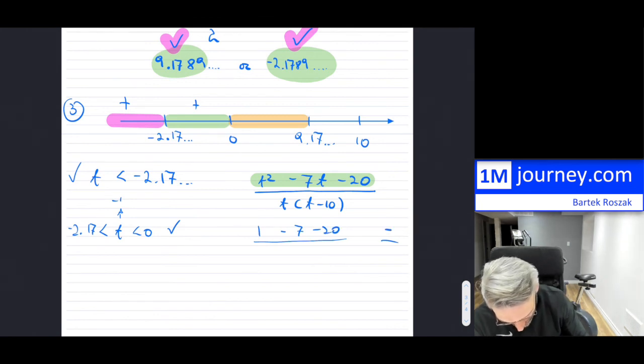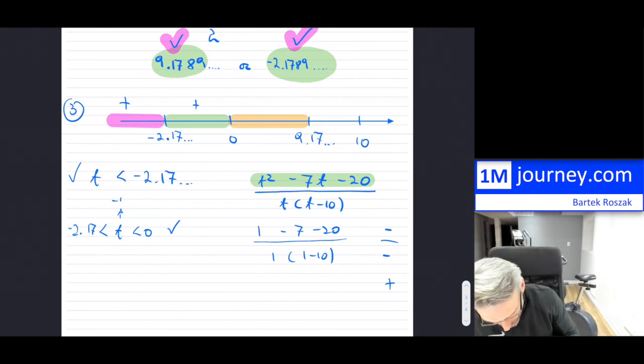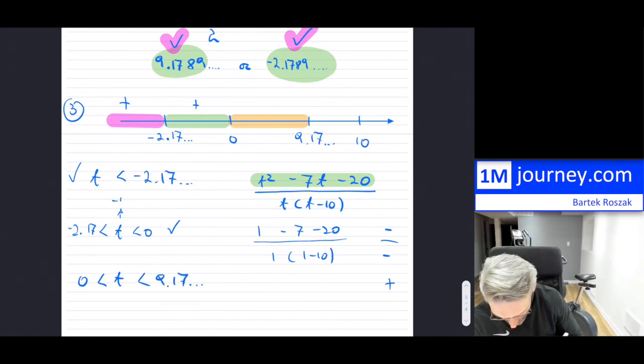And then 1 minus 10, so that's negative right here. So now that's going to be positive, and actually this brings me back, so it looks like I made an error there. For this interval, greater than this but less than that, I think I made a mistake in the previous one.